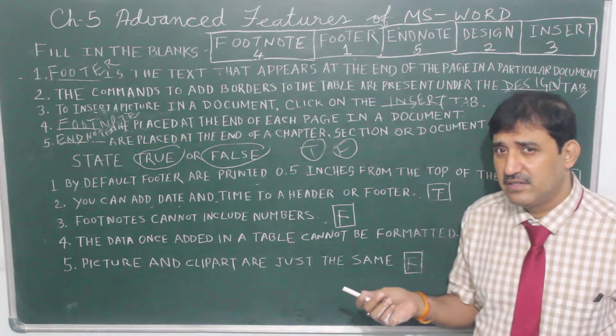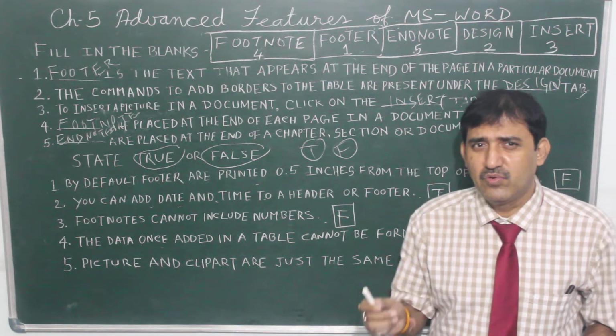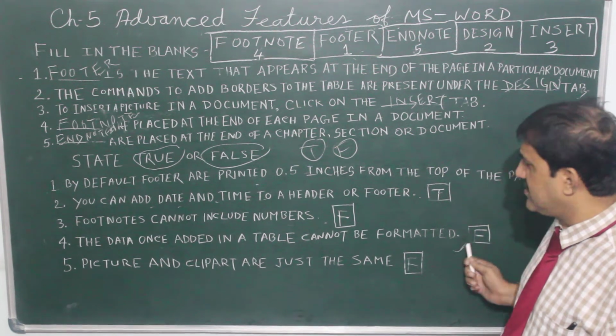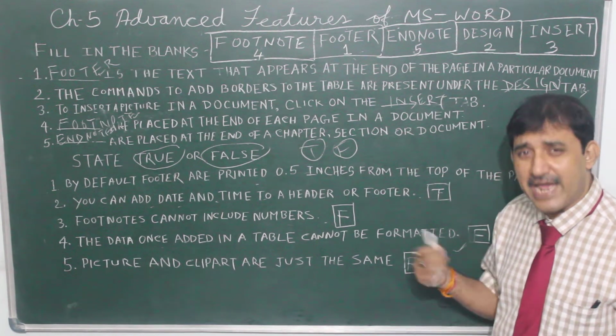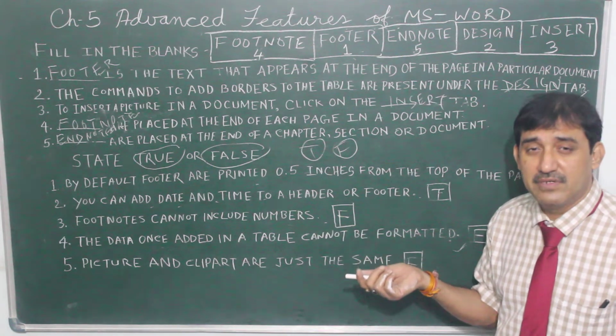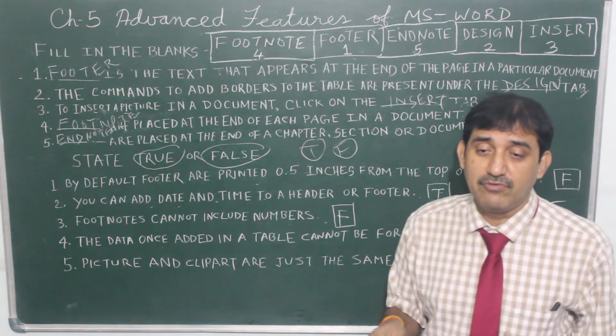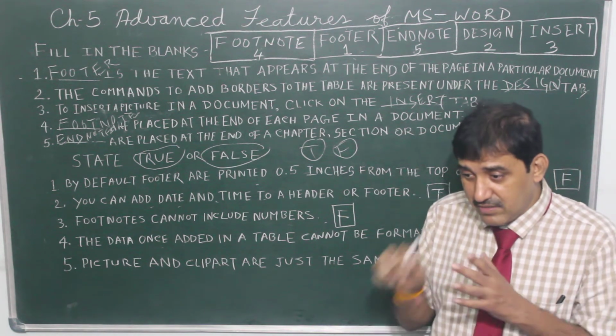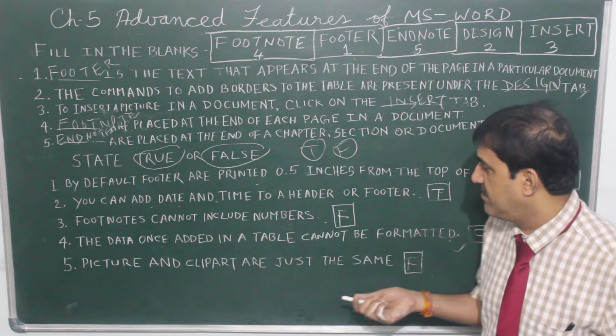We can format it. Then the next one, notes can include numbers. Normally we do text, but if you want, we can put numbers. In the practical, we will go and see that you can put them. Yes, we can.